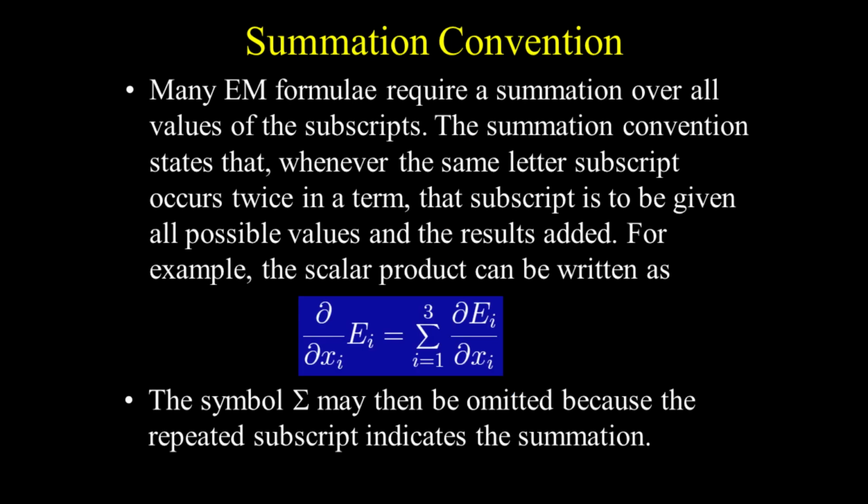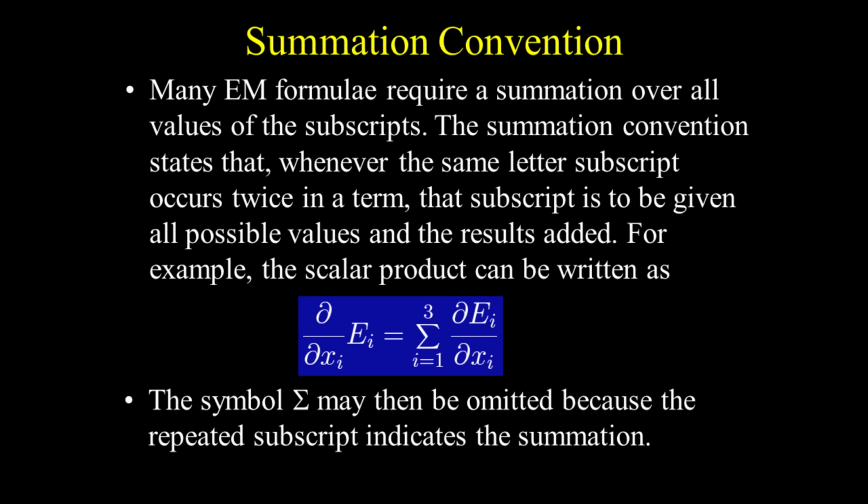Many EM formulae require a summation over all values of the subscripts. The summation convention states that whenever the same letter subscript occurs twice in a term, that subscript is to be given all possible values and the results added. For example, the scalar product can be written as follows.